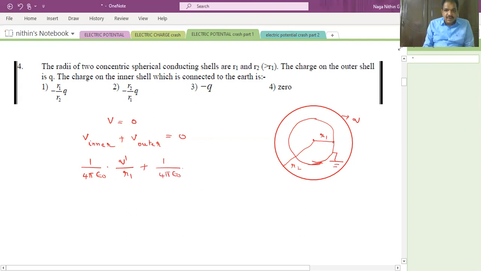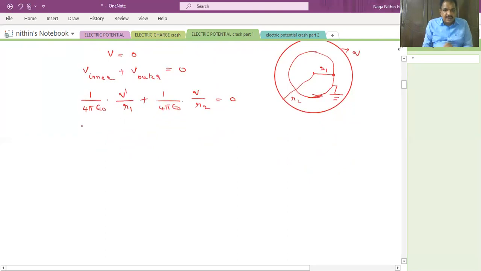These points will be inside the shell, so everywhere potential will be the same and equal to the potential on the surface. So 1 by 4 pi epsilon naught Q by R2 is equal to 0. We can take 1 by 4 pi epsilon naught common and bringing to this side it becomes 0.